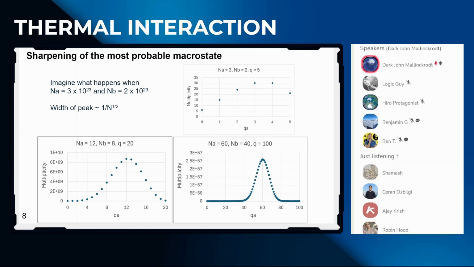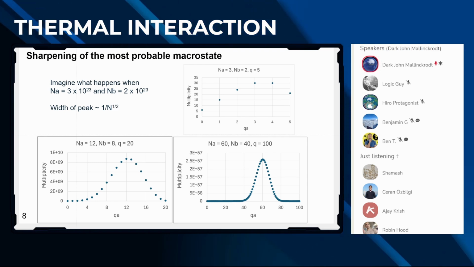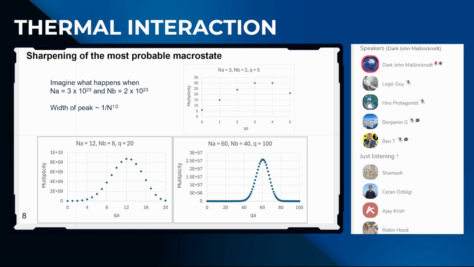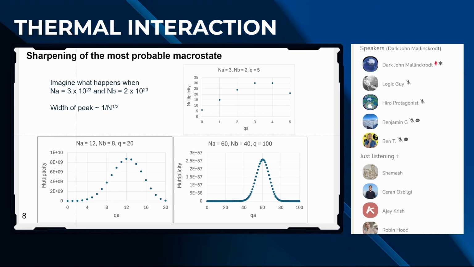At the lower left, I'm showing the same kind of calculations, except now I have 4 times as many oscillators in A, 4 times as many oscillators in B, and 4 times as many energy units to store. So I'm just kind of scaling it up, right? 4 times everything, 4 times as many oscillators in both, 4 times as much energy to store.